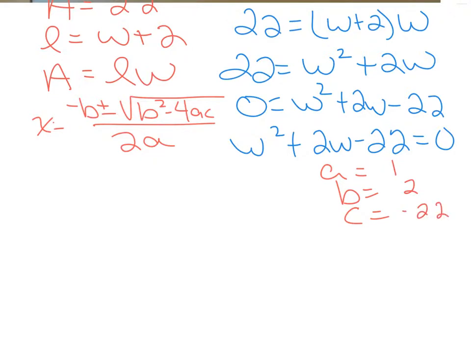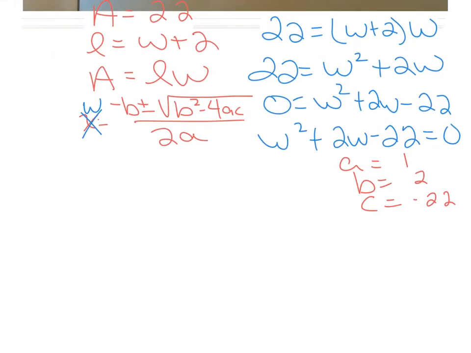All right, one other thing I do want to talk about here is I wrote this x equals, this is generic. We aren't actually solving for x. Since our variable here is w, we really should have a w here, not an x. So let's cross out x and say that this is going to be w. And then we're going to substitute in a, b, and c into our equation.